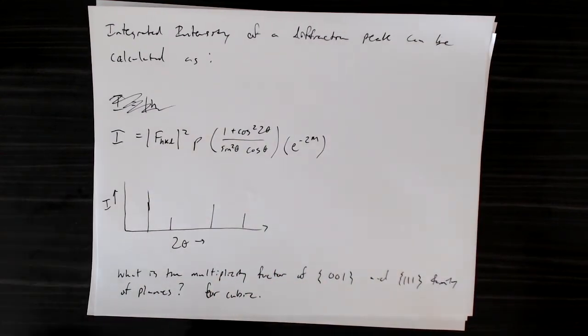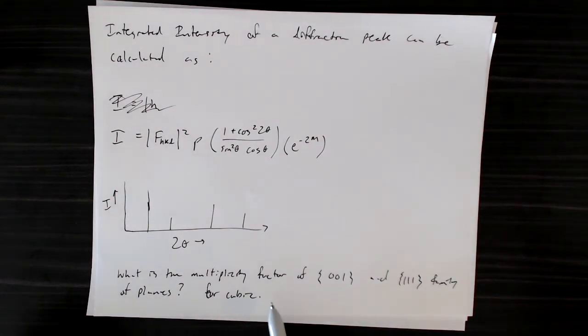See if you can visualize the cubic structure and these two families of planes, and come up with how many different permutations give us the multiplicity factor, and we'll come back and discuss. So we're back now.